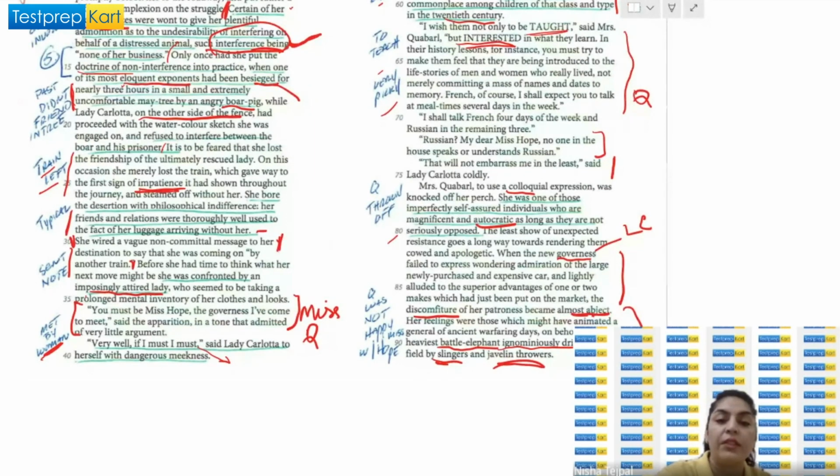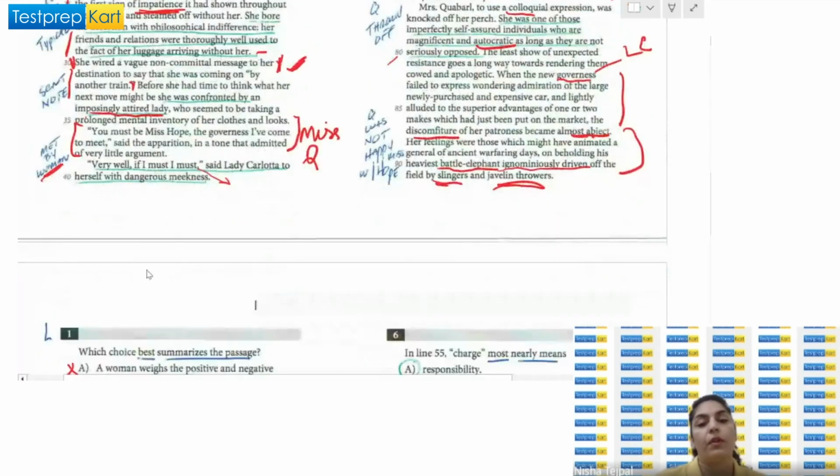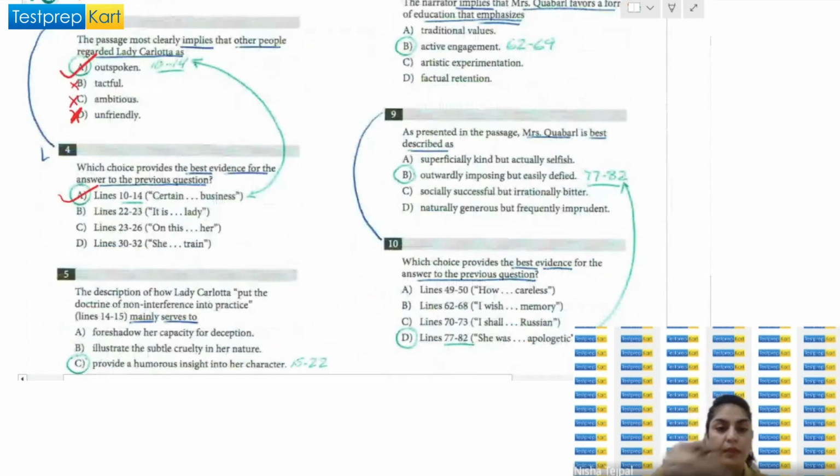She was intelligent, quick in answering, and good at decision making because she messaged ahead. So this is not about being outspoken. This is how we have excluded the other options. These are lines that tell something about Miss Carlotta, but not about her being outspoken. This question is asking about this only. So these two questions are interrelated, right?